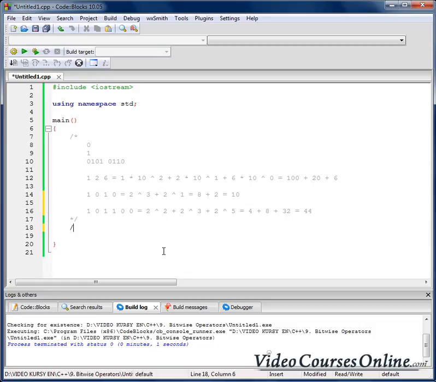Okay, let's start from making multi-line comment, and let's start from bitwise and operator, which is 1 ampersand. It works like relational operator AND, but remember, this time we are operating on bits, not on the results of expressions. Okay, we have got also bitwise OR, which is 1 pipe, and it works like relational operator OR, but this time again we are operating on bits, not on the results of expressions.